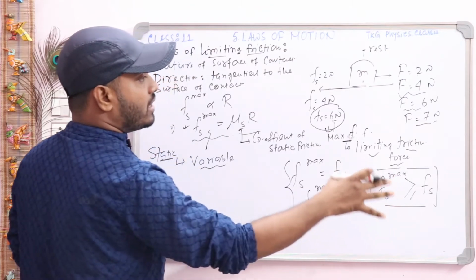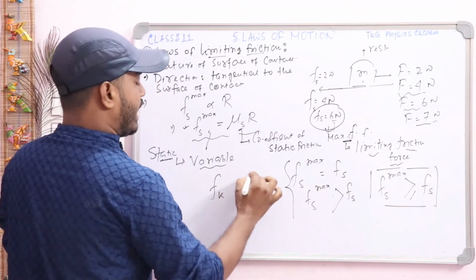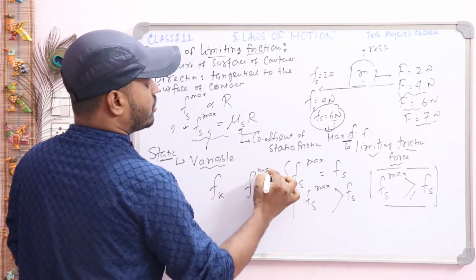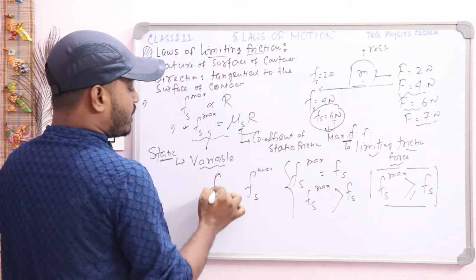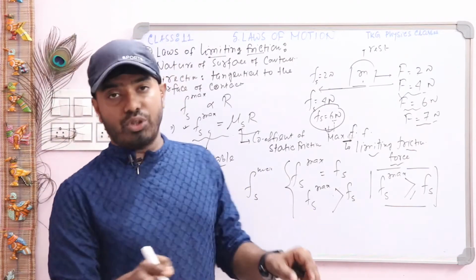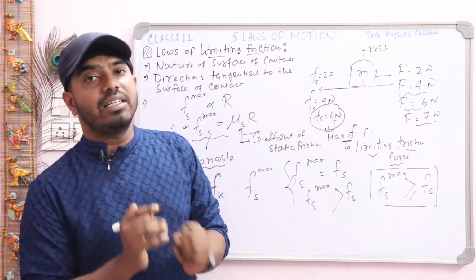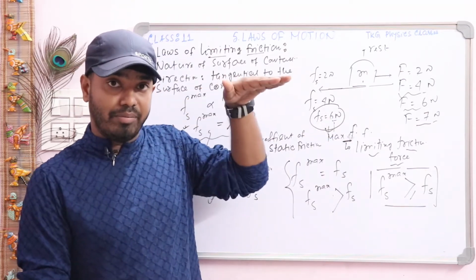Okay, and what is the relation between kinetic friction and static friction, or you can say limiting friction? When the body is under motion, the kinetic friction is less than the limiting friction. Limiting is the maximum.